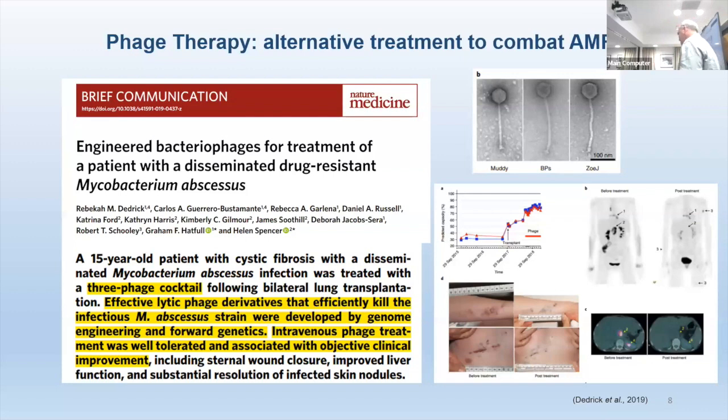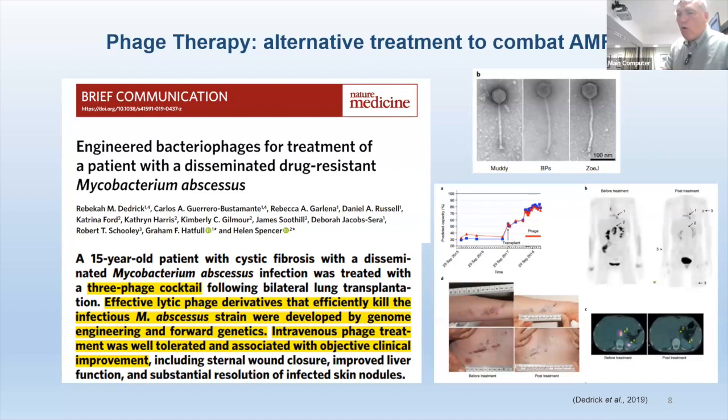Now, coming to phage therapy, many of you must be familiar with this paper from Hatfull's group. They used 3 different phages, including engineered, genetically modified phages, to treat a cystic fibrosis patient infected with MABS. One of the many interesting things about this study is that all 3 phages target the rough form.